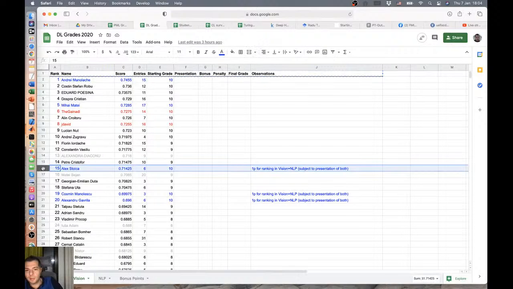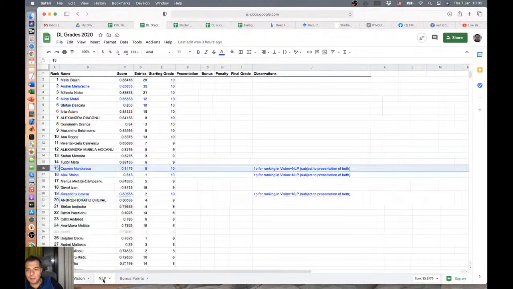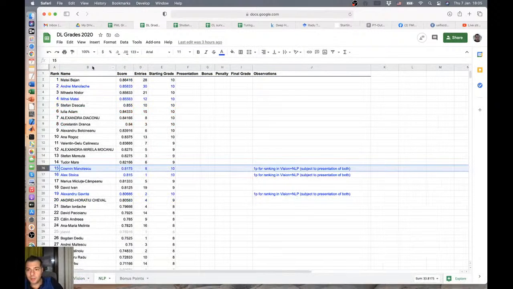This is mandatory for these 3 guys, and they also have to decide, maybe give me an email, between the main project. They have to present both projects, but one of them will be the main one, and from the other we will eliminate them from the ranking. The same applies to these 2 guys. They can also opt for Vision or NLP, so once again we can eliminate them from the ranking once we know their decision.